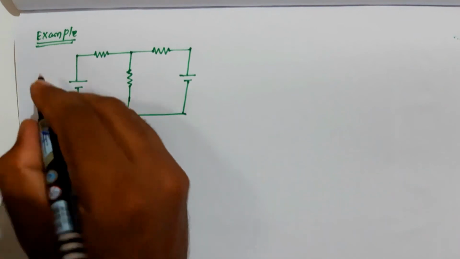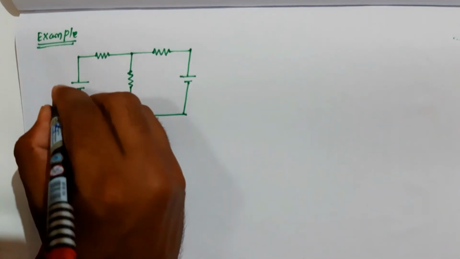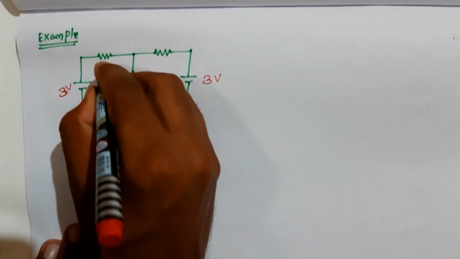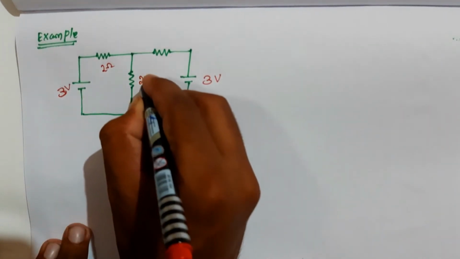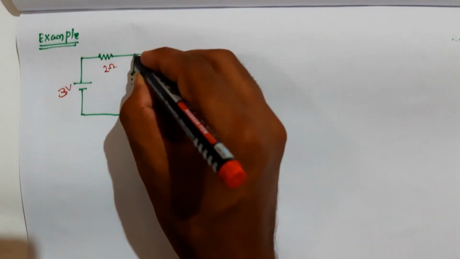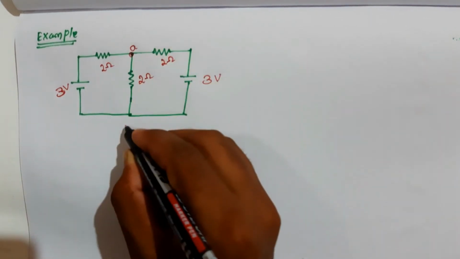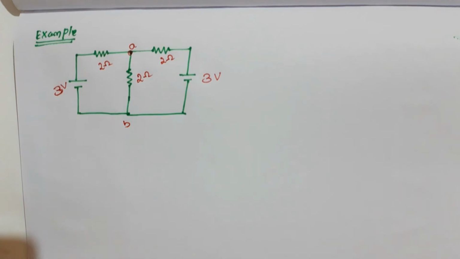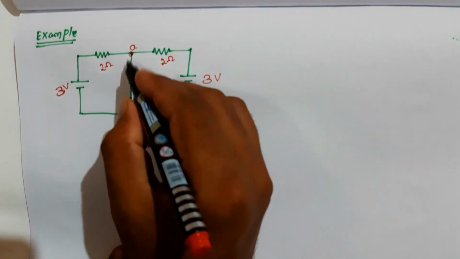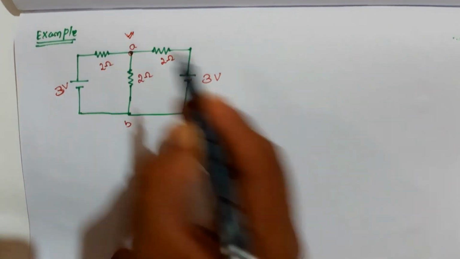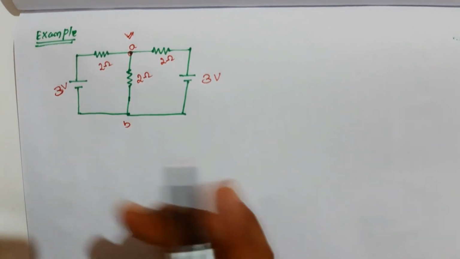Let this be 3 volt, this 3 volt, this 2 ohm, this 2 ohm, and this 2 ohm. If you want to find the voltage or current in this AB branch, we first go with the nodal method. Let us find this current or voltage. If you find this voltage, then we apply KCL here. Then after the nodal method, we go with superposition.